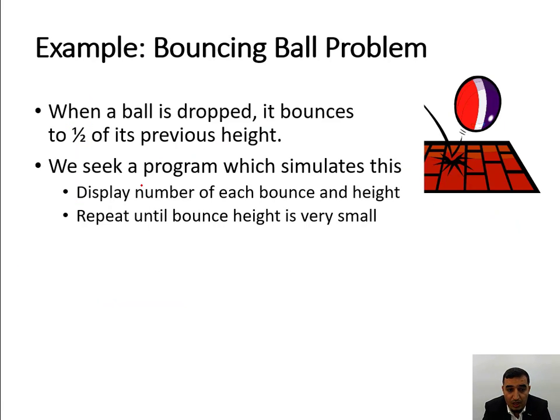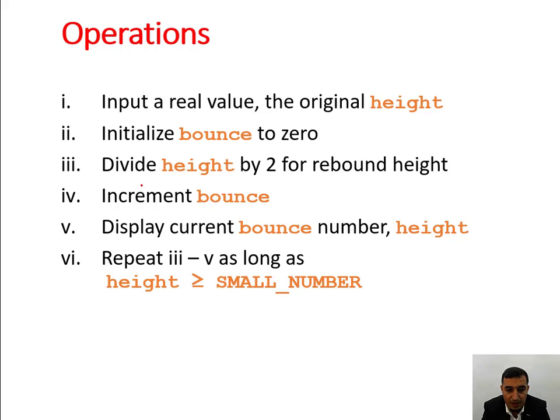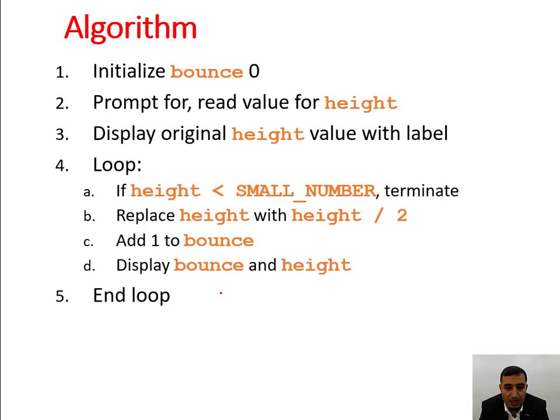For example, we have the bouncing ball problem, where the ball keeps bouncing half of its height every time. We repeat until the bouncing is very low, and very low we are going to consider as a small number. So every time we bounce, we go down by half.